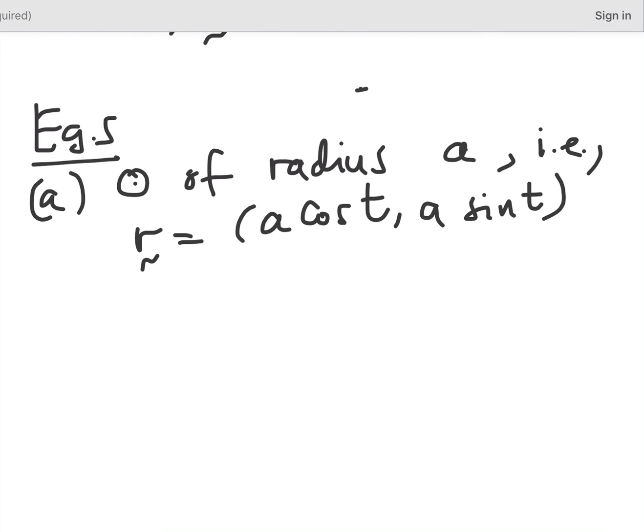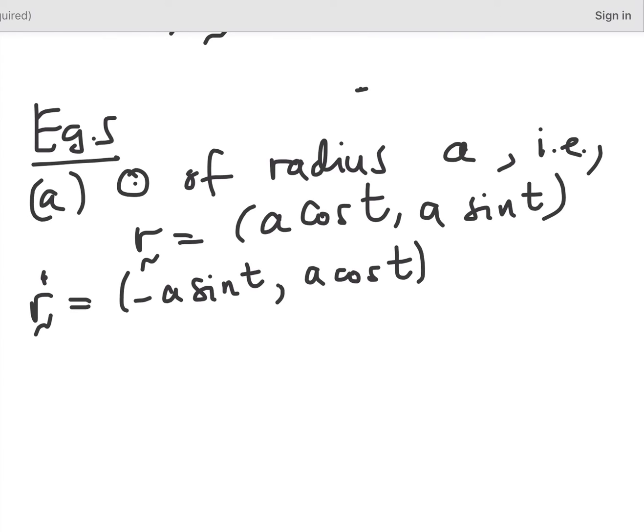So let's start. So you've got vector r dot, that's the derivative of the vector, which is minus a sine t, a cosine t, and then we of course need also the mod of this r dot. So therefore the mod of this vector very simply would be, square the first component, the second component, add, take square root, we end up with a.